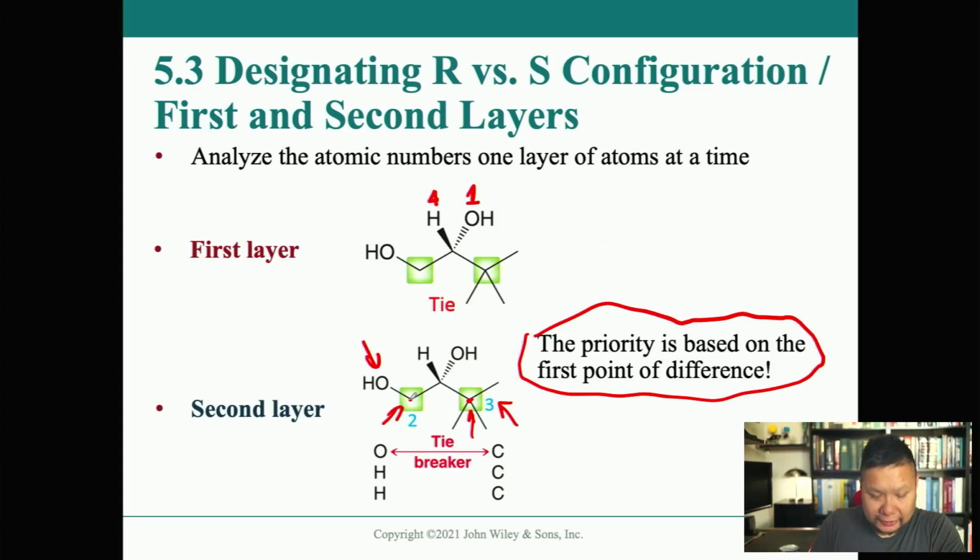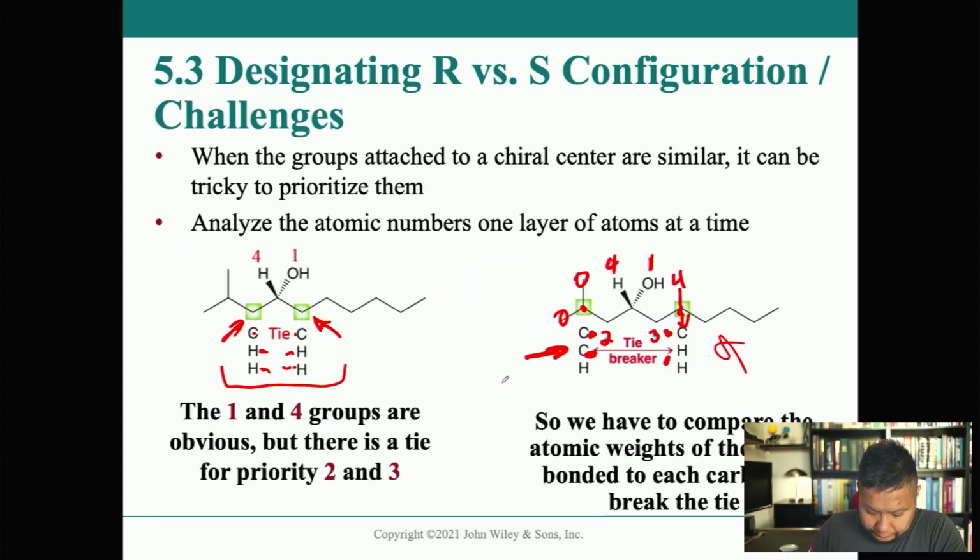because when you go to the second layer, oxygen is actually in there, and it immediately tie breaks with that carbon that's there. Remember over here, we had 2 carbons.